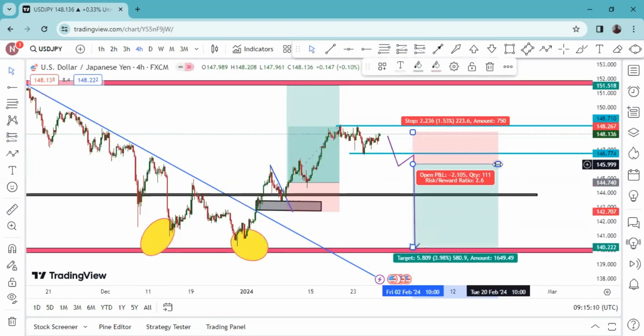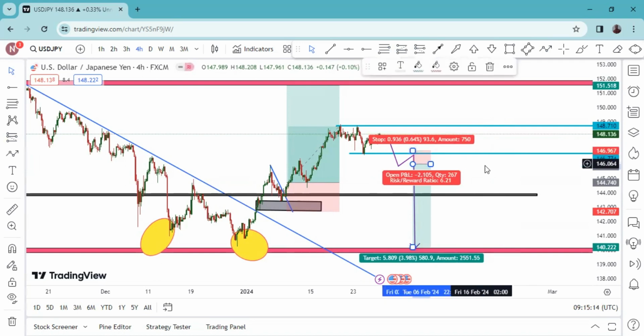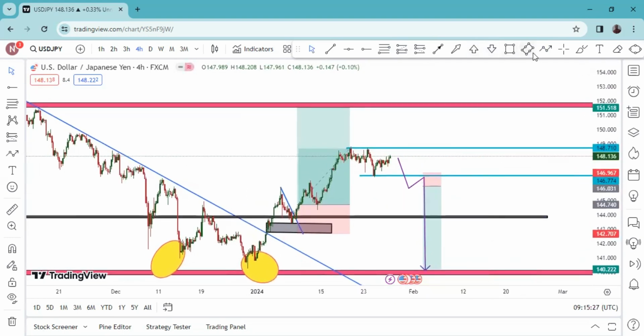If the market breaks the downside with a daily candlestick and retests it, then I will take a short on that trade. But the market has some momentum, and we have these two levels, so I'm not sure.